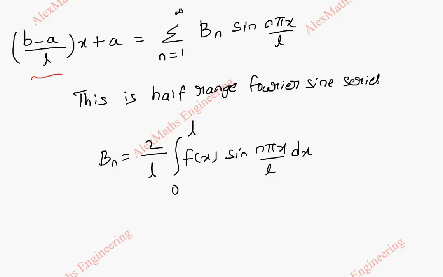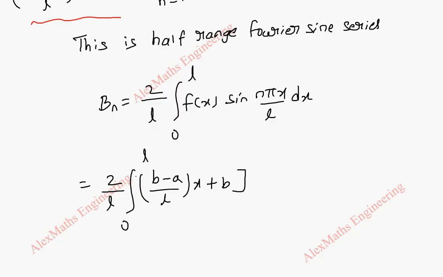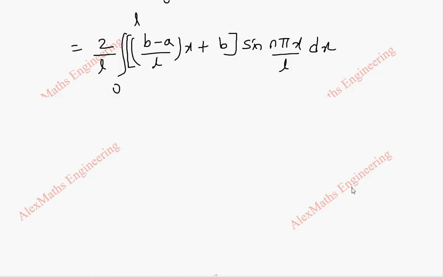This is our f(x), and we are going to substitute here. So 2 by L integral 0 to L, b minus a by L into x plus a, the whole thing into sin(n pi x by L) dx. Sorry, in the earlier line it is not b, it is a.